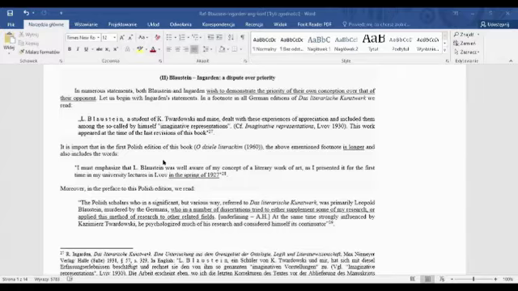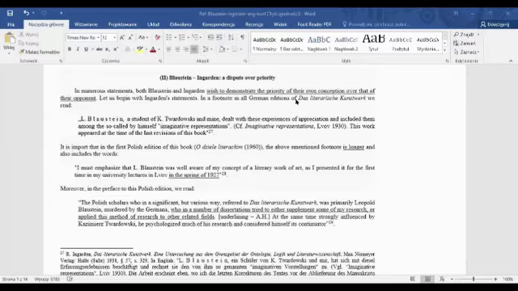In a footnote in the German edition of Das literarische Kunstwerk, we read: Leopold Blaustein, a student of Kazimierz Twardowski and mine, dealt with these experiences of appreciation and included them among the so-called, by himself, imaginative representation. Imaginative representation, Lvov, 1930. This work appeared at the time of the last revision of this book.